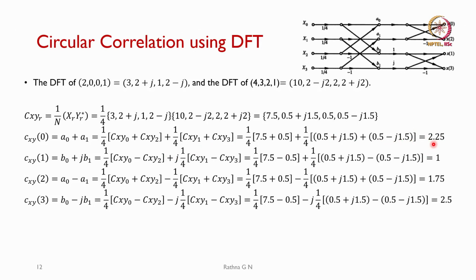So that is how we calculated the circular correlation using the DFT property. The next one is Cxy(1). You substitute these values and calculate, and you get 1 in this case, and similarly for the next two. So you see that the circular correlation values using the DFT resemble those of the direct circular correlation we calculated.